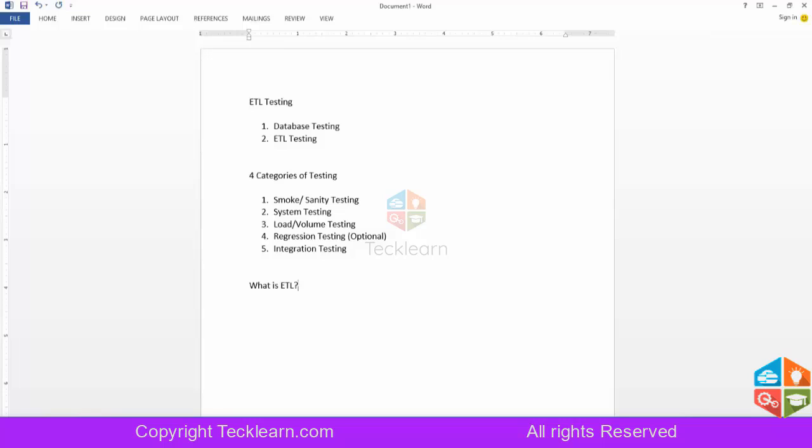So now I'll be talking less about testing and more about the technology of ETL. To tell you about ETL, I have to go a level above ETL and explain what is business intelligence. Because if business intelligence is the parent, then ETL is the child.